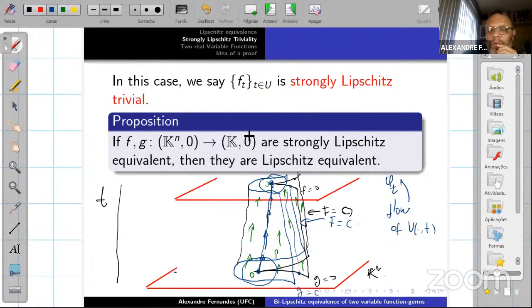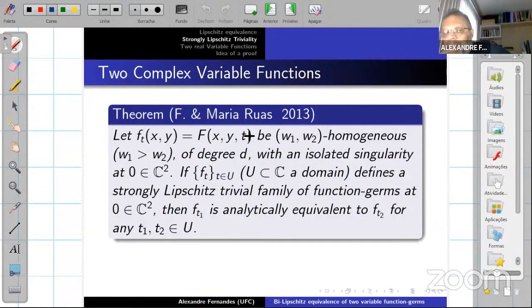But we don't know if this is the only way to prove two functions are Lipschitz equivalent, other than building a bi-Lipschitz homeomorphism between them. Maybe this is in a work by Citinha in camera, but I don't know. We are looking for some result like that, but we didn't succeed.